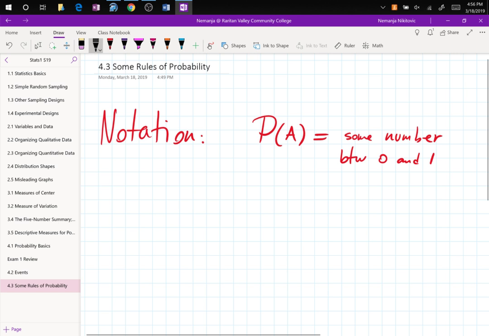And now we have the special addition rule.